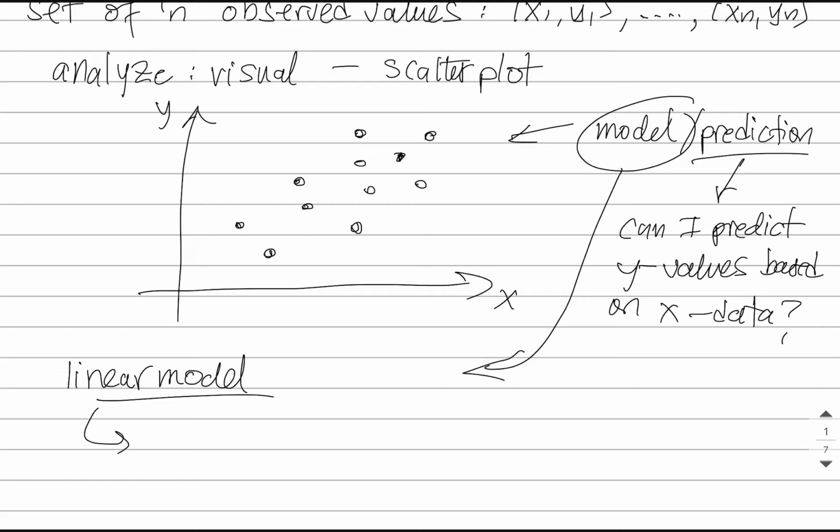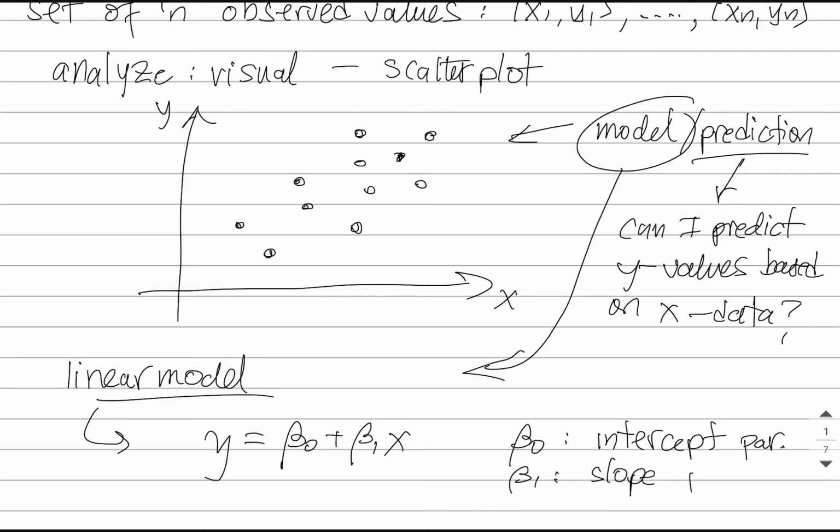And the linear relationship that we're going to try to assume here is just given by these terms. Now, this thing beta naught is going to be the intercept parameter, and it's kind of like the y-intercept in a regular linear equation, and then beta 1 is going to be what we call the slope parameter.